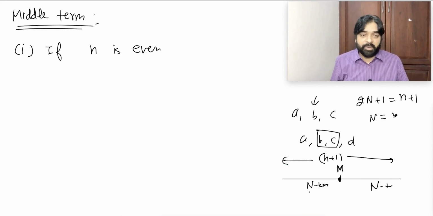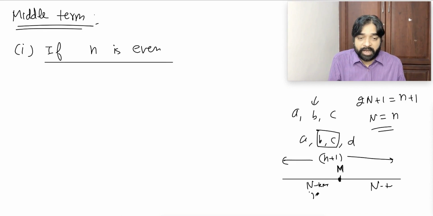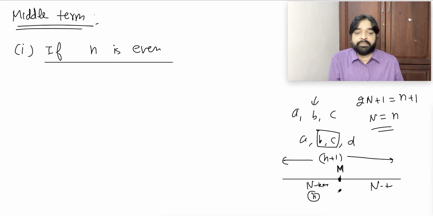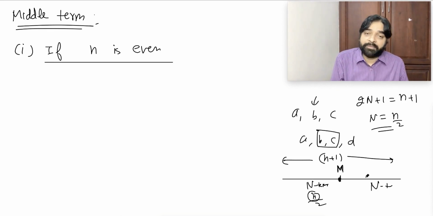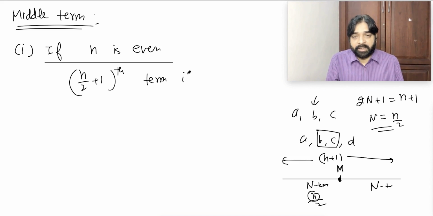So capital N will be small n by 2. I'm sorry, I made a mistake. If n is even, before the middle term there will be n by 2 terms, and after this also n by 2 terms. So the middle term will be the n by 2 plus 1th term.